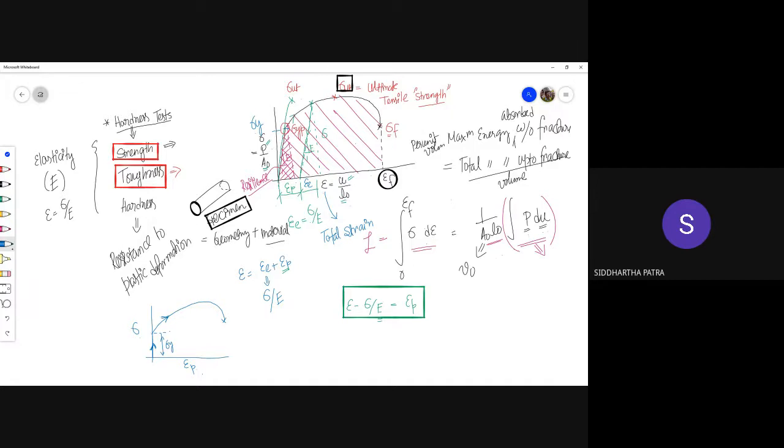And as we discussed, hardness is resistance to plastic deformation, which basically means d epsilon p, differential plastic strain, is d sigma divided by H. What is H? H is the hardness or the resistance to plastic deformation.